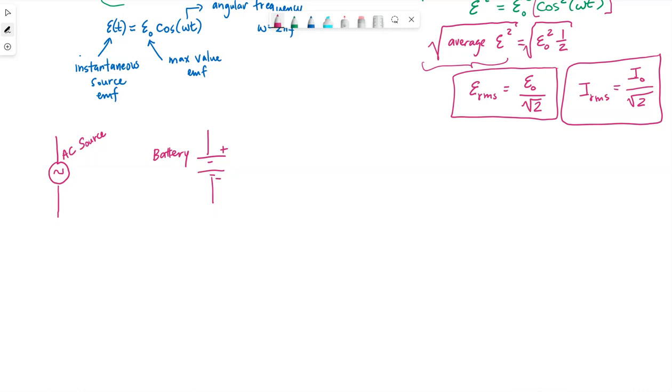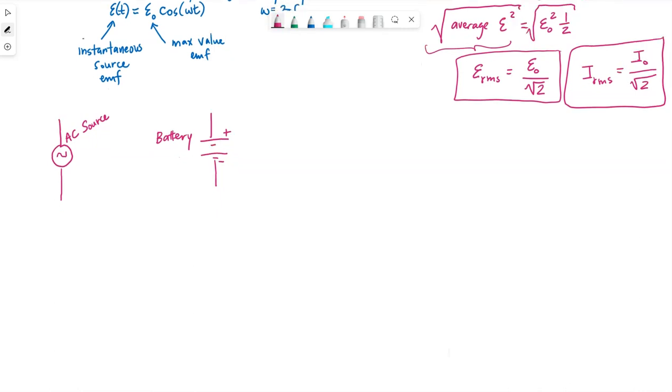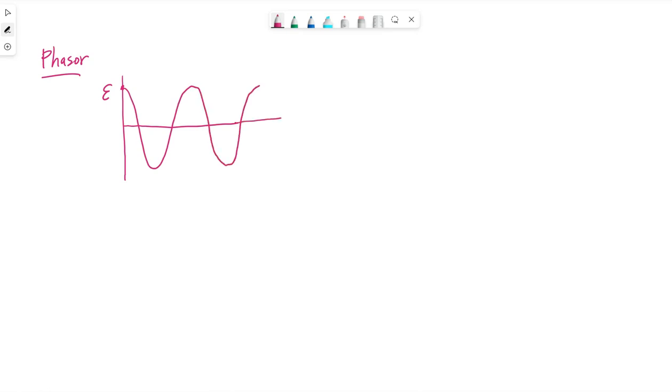One other concept to talk about before we start talking about a resistor or a capacitor is a concept called a phasor. When we have these alternating source voltages, I'm just going to draw my graph again. And again, we're going to assume a nice cosine so we don't have an initial phase shift.